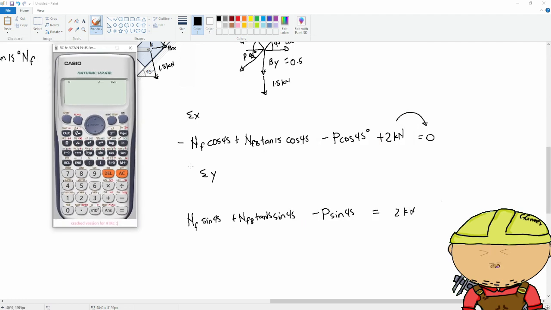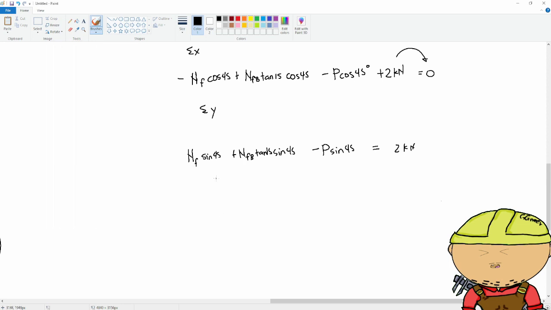So on our calculator, let's go mode, equation, 5. AX plus BY is equal to C. For the first one: negative cosine 45 plus tangent 15 cosine 45, negative cosine 45, negative 2.